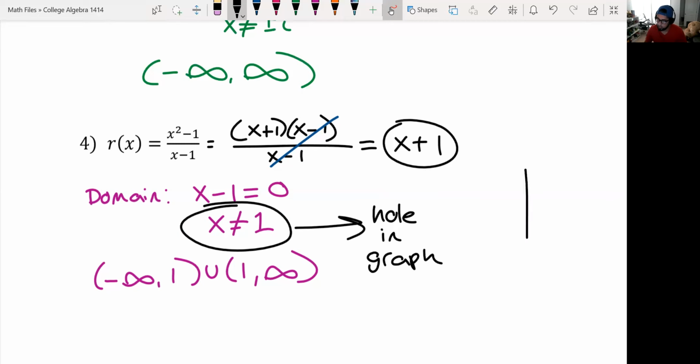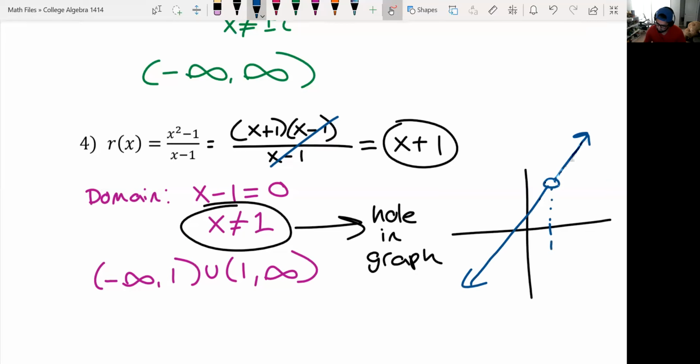Meaning, if I were to graph x plus 1, my graph would look like this. There would be a hole in the graph at (1, 2), only because we still have to obey the original domain.